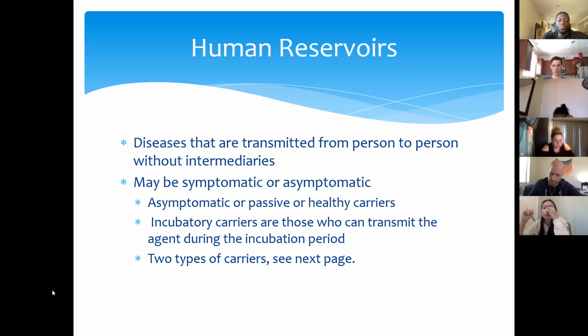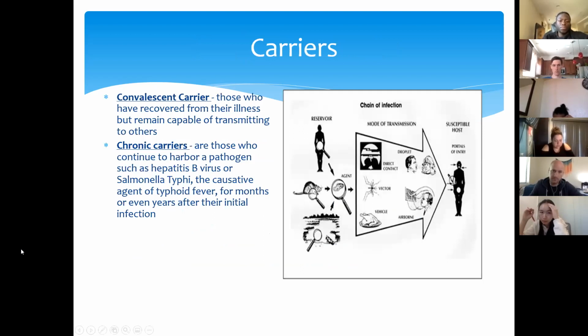So there are two types of carriers. We have the convalescent carrier who has recovered from their illness. So they've gotten strep throat, or a kiddo has gotten RSV or whooping cough, and they become better. They've recovered from their illness, but they're still able to transfer. And then you have chronic carriers.